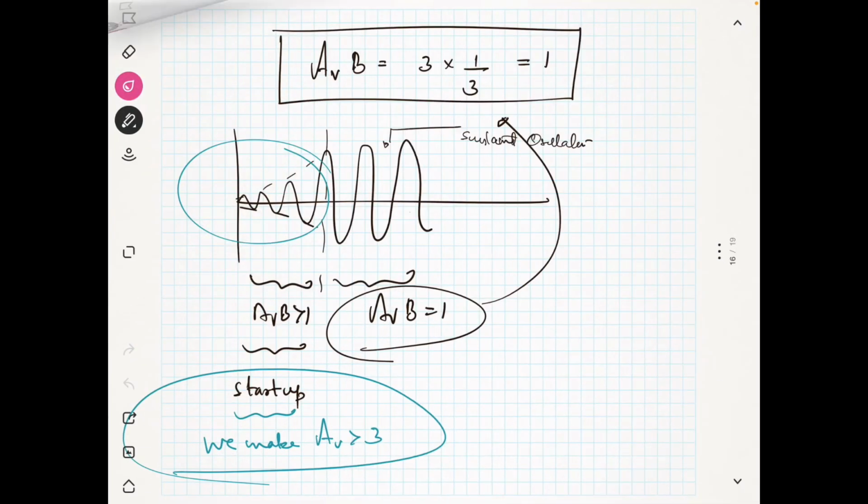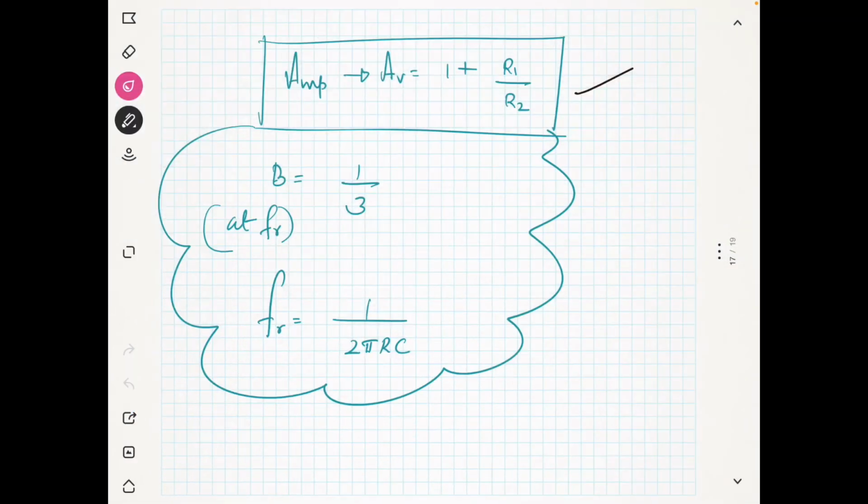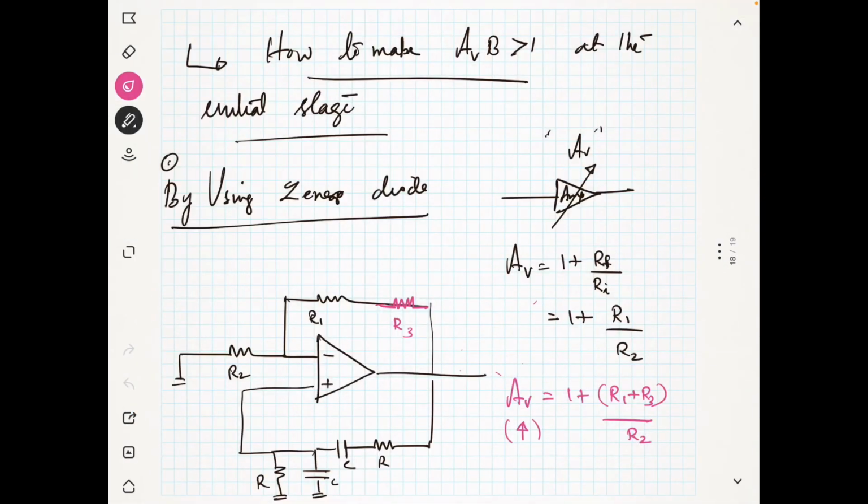Initially the gain should be high. When I reach some point here, I need only steady gain, that means AV into B is equal to 1. So I have to immediately remove R3, but manually doing all these things is impossible, because all these are happening in microseconds or milliseconds, very fast.